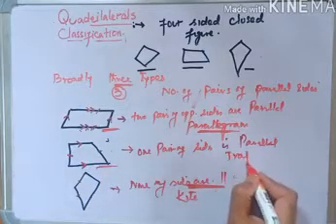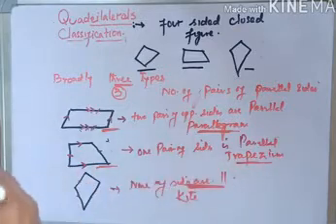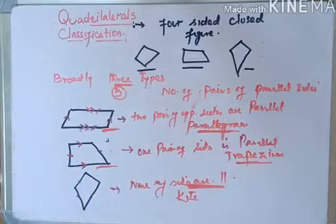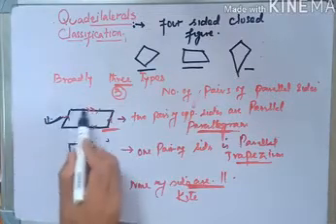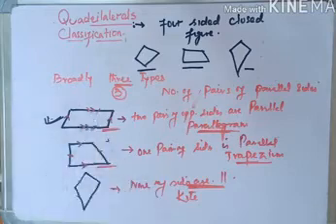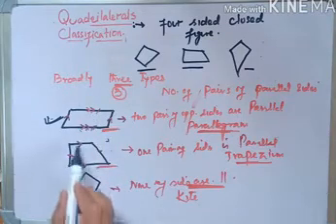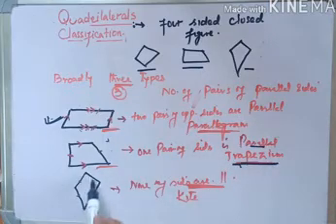This one is called a parallelogram, because both pairs are parallel. This is parallel to this, and this side is parallel to this. In this, only one pair of sides is parallel. This is called a trapezium, and in this, none of the sides are parallel. This is called a kite.